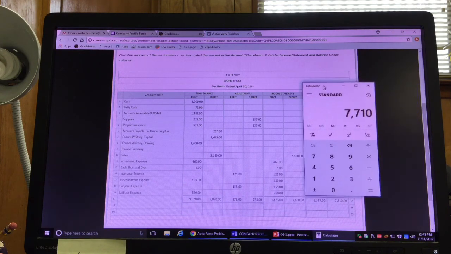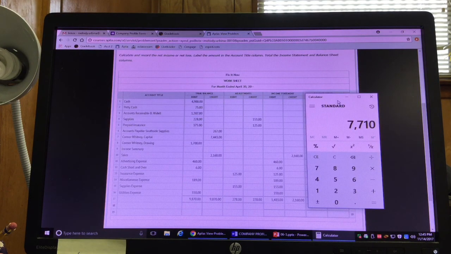So the revenue is our sales account, which is our credit side on the income statement, and that is $2,160. And our total expenses is the debit side of the income statement. So that's going to be minus $1,483. This gives us a total of $677.